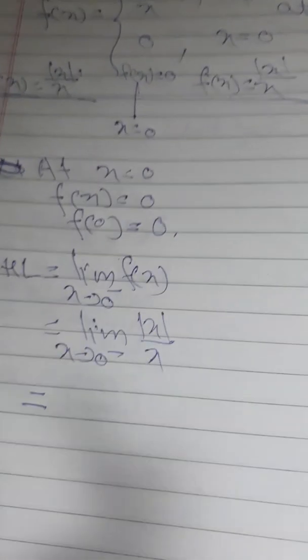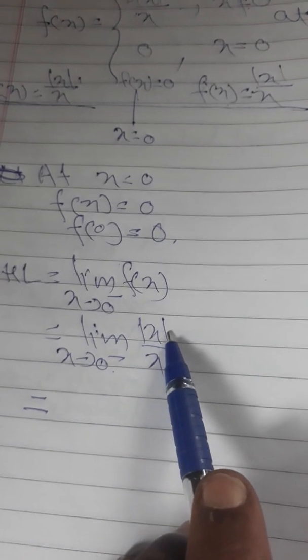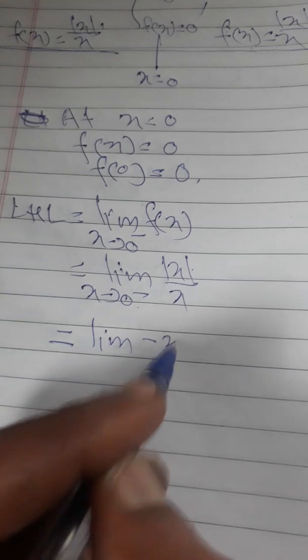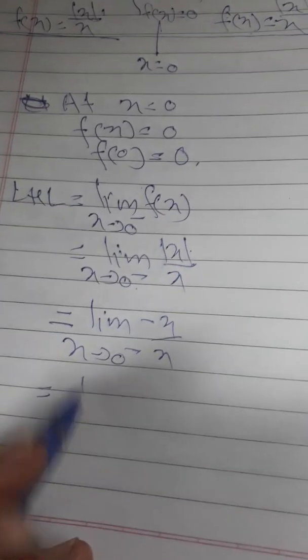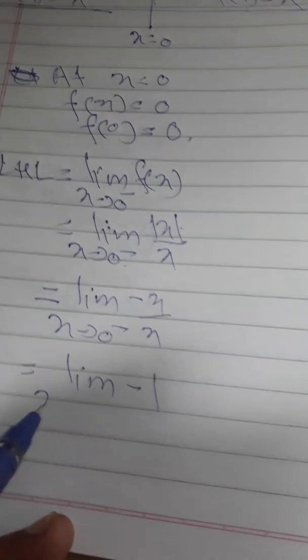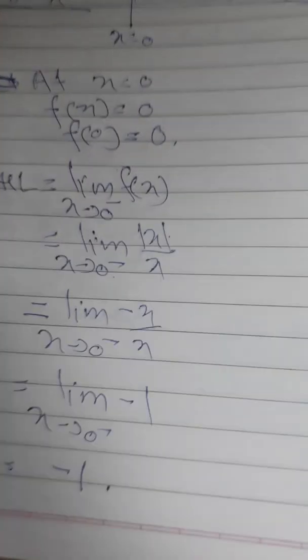Now for the values less than 0, this modulus function is defined by minus x. So this will be limit of minus x by x as x tends to 0 minus, which is limit of minus 1 as x tends to 0 minus.